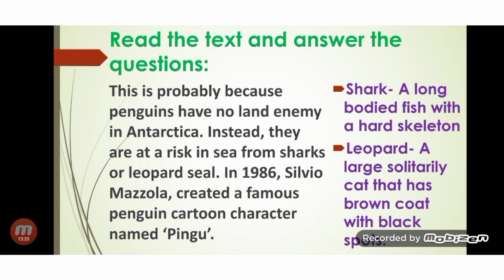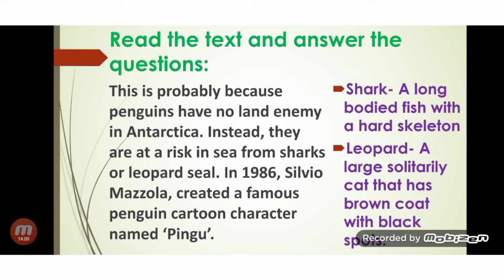This is probably because penguins have no land enemy in Antarctica. So what is? Most probably the penguins have no land enemy in Antarctica. Instead, they are at risk in the sea from sharks or leopard seals.